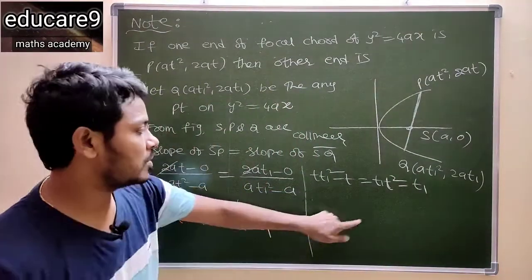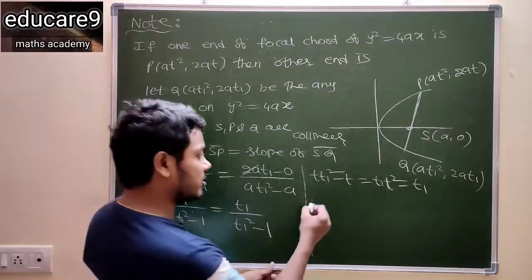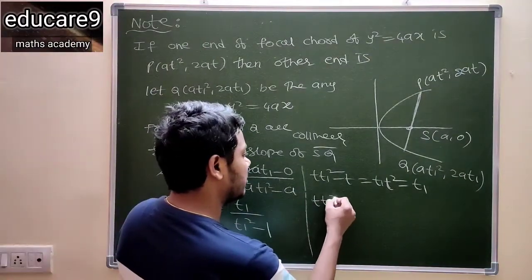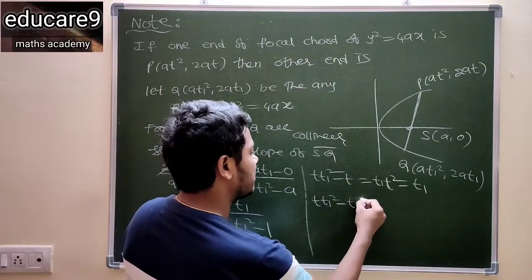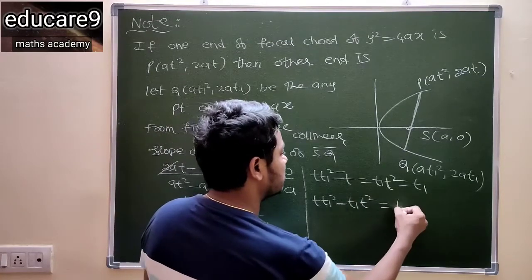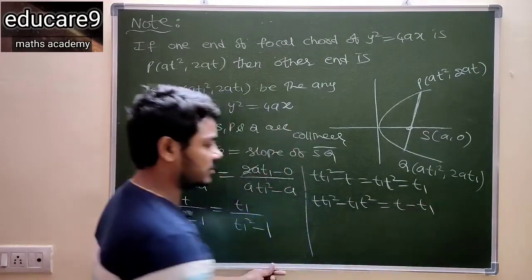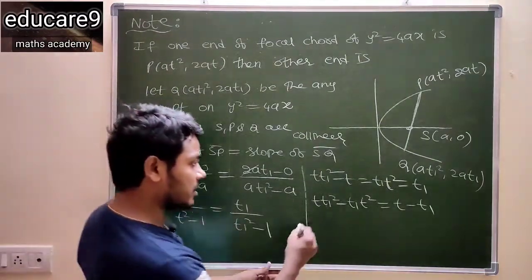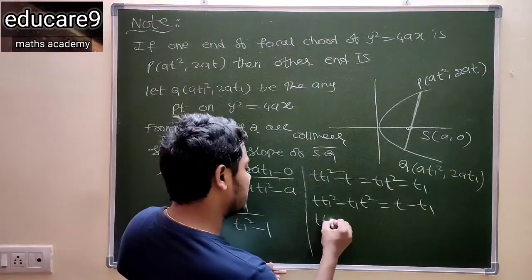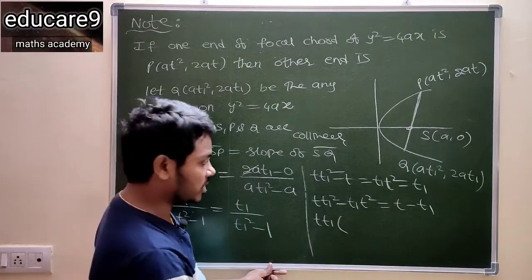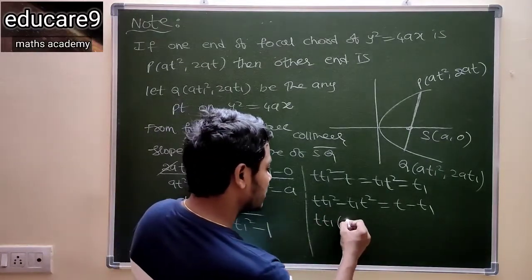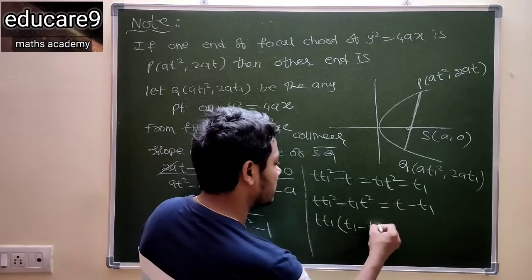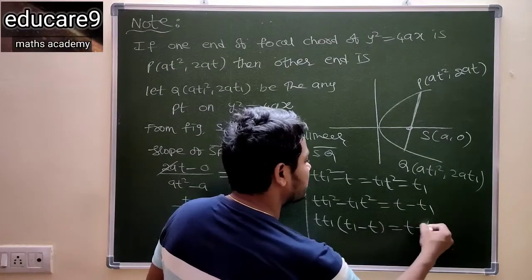Okay. So same, this one left side, what you get? t·t1² − t1·t² = t − t1. In both terms on the left, t is common. So what you get? t·t1(t1 − t) = t − t1.